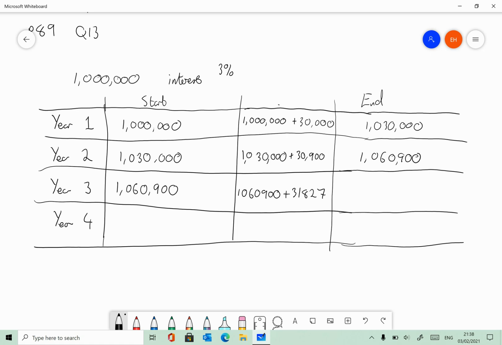So it's 1,060,900 plus the interest. So I think that gives us 1,092,727. And that's what I end the third year with. So that's what I will begin the fourth year with.